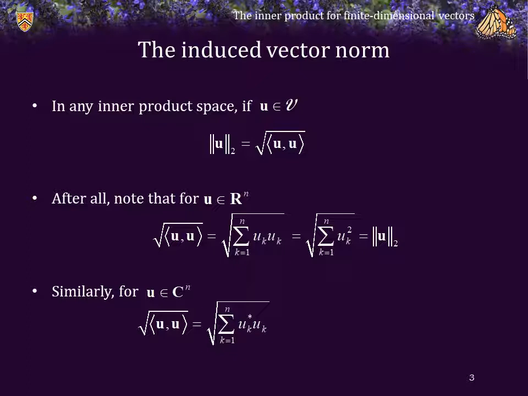So this is the sum of the absolute values of the entries squared, which is, once again, once we take the square root, the definition of the 2 norm for complex finite dimensional vectors.